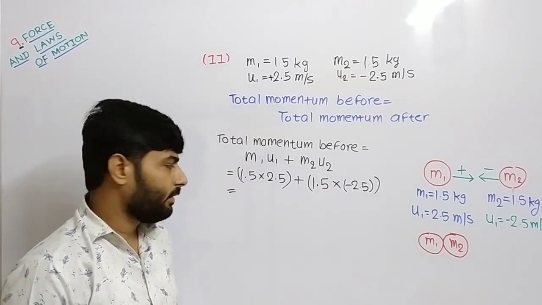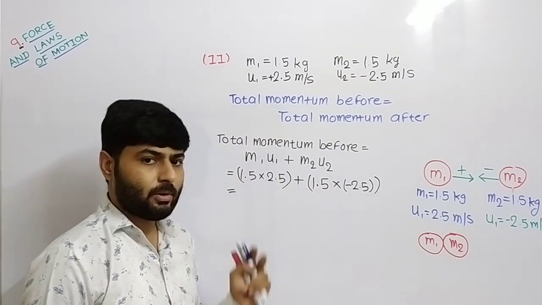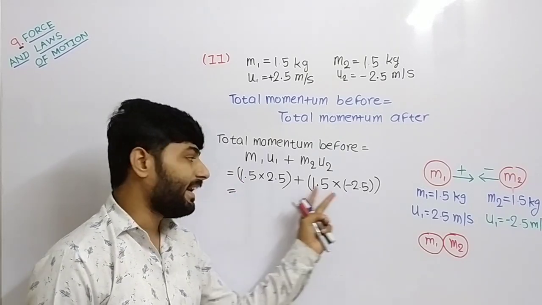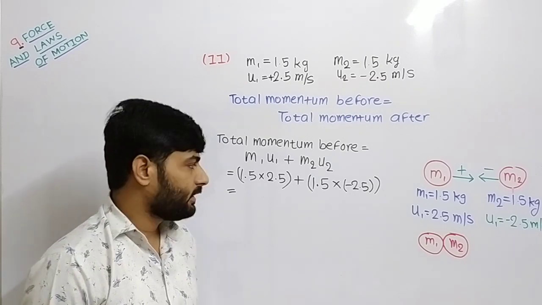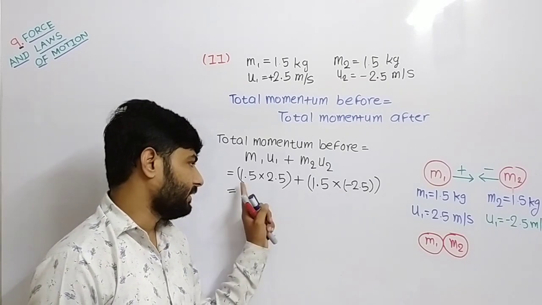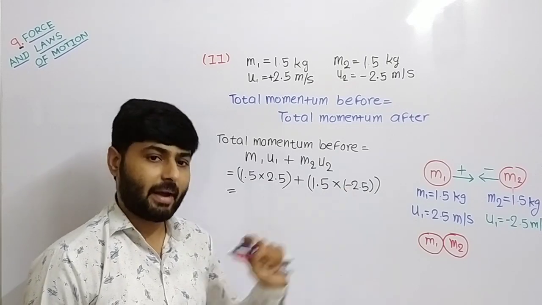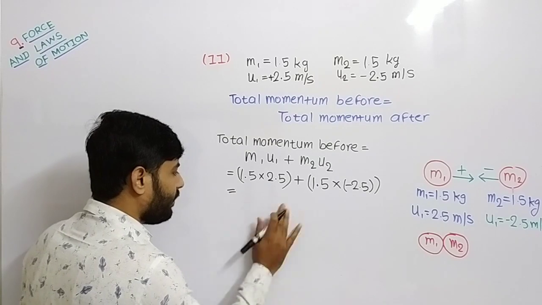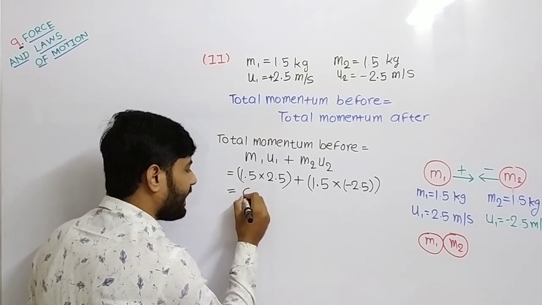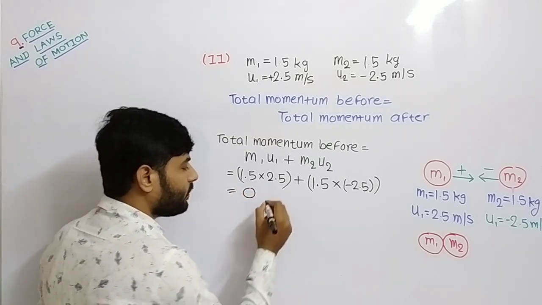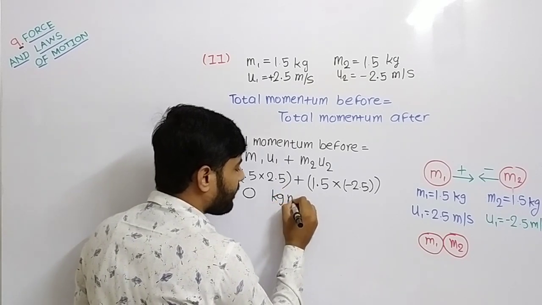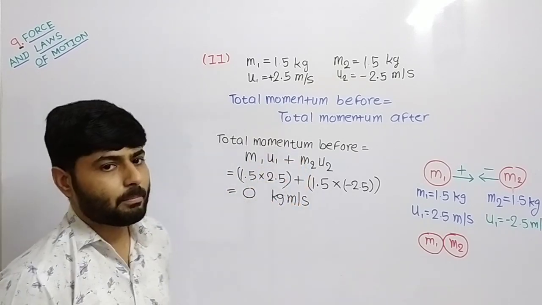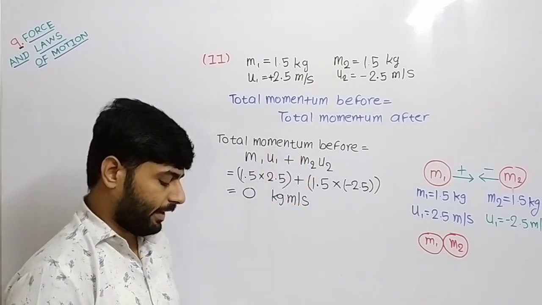Here you can observe this is 1.5 into 2.5, and this is also 1.5 into 2.5, which means both values are the same but the sign is opposite, this is plus and this is minus. So positive and negative will cancel out and we will have the answer as 0 kg meter per second as momentum before. I hope you got the point.